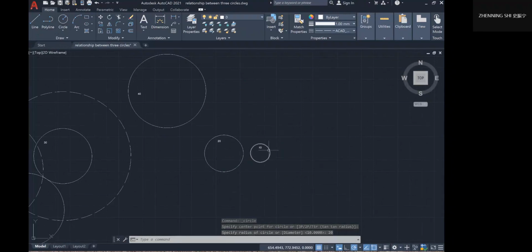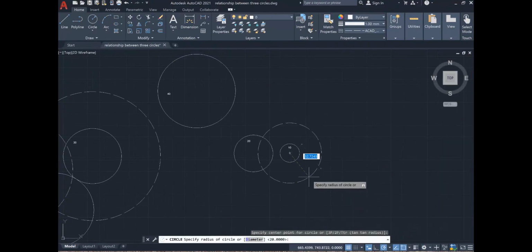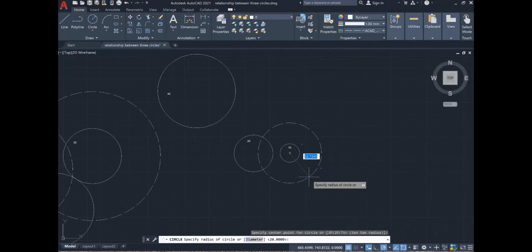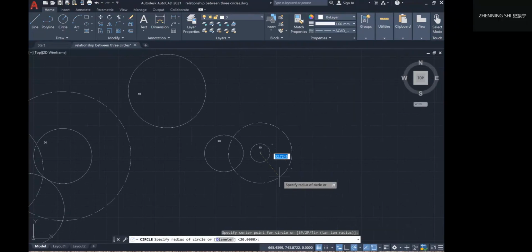And how about this one? Can you tell me the radius of the auxiliary line? It is 40 minus 10, which is 30.